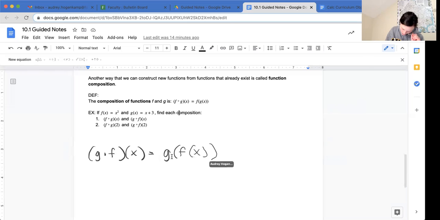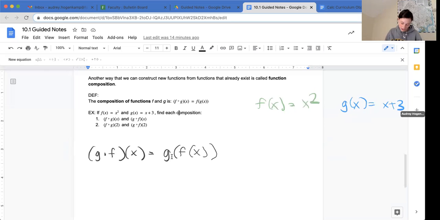So again, we know that f of x is equal to x squared, and we know that g of x equals x plus 3.